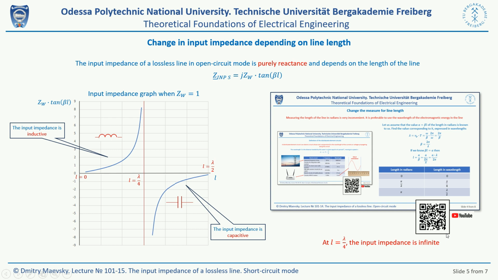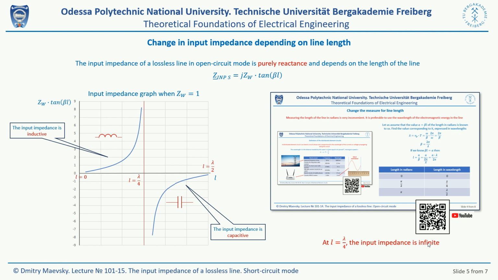Looking at this graph, we can state that when the length of the line is exactly a quarter of the wavelength, its input impedance tends towards infinity, meaning such a line becomes an ideal insulator. Note that it is an ideal insulator with infinitely high internal resistance.